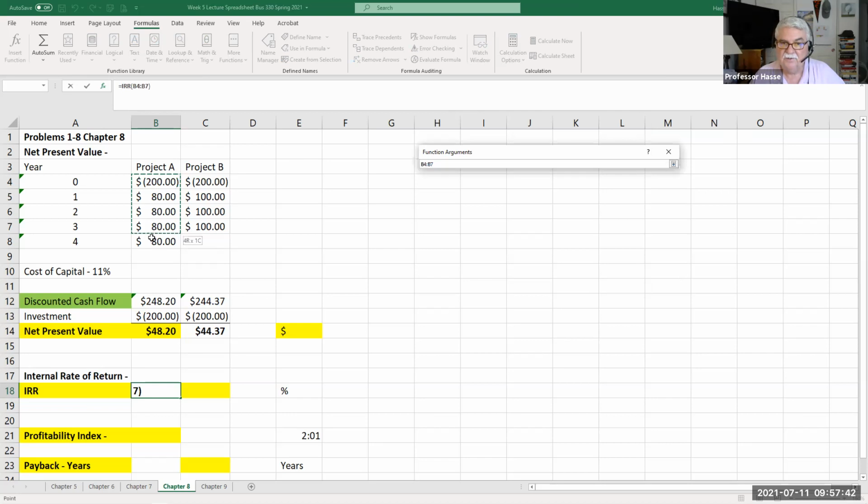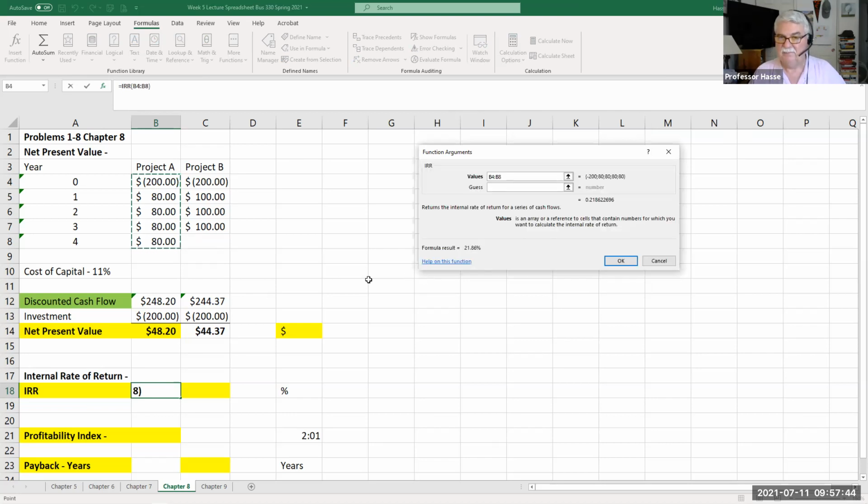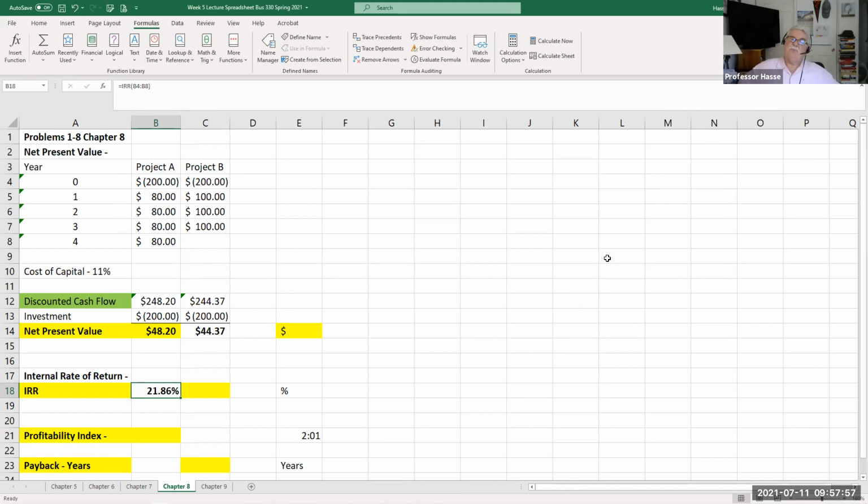Notice here we're including year 0. We didn't in the NPV calculation. So it's B4 to B8, and now what the computer or the algorithm is doing is going to compare the $200 to the return into the future: 21.86%. I converted that decimal to a percentage.